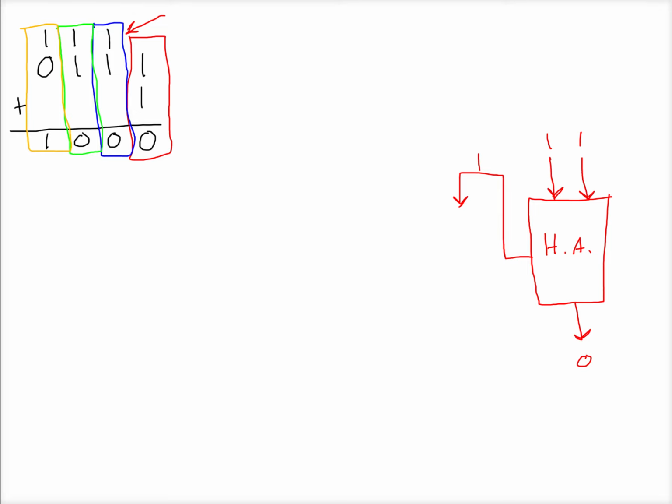Okay, so now let's go on to the next half adder. We're going to do that in blue. So let's draw that right here. Okay, this is a half adder. It's always important to label it so we know what we're looking at. Well, we know that our carry is a 1, and we know that our other bit is a 1.